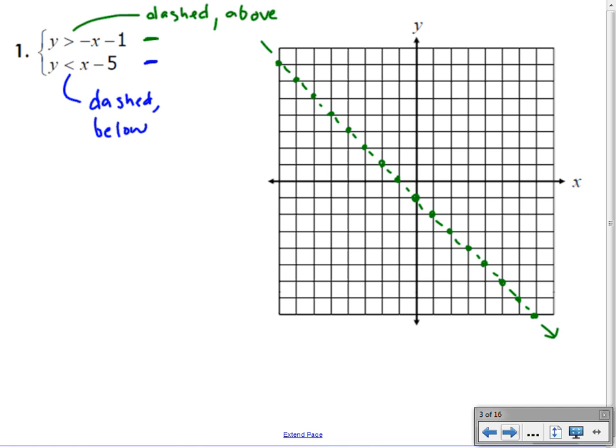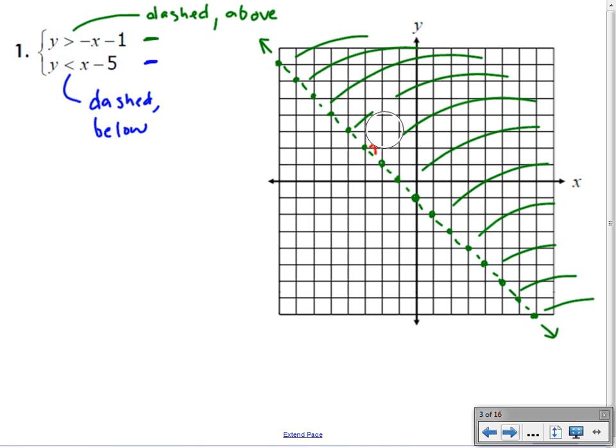So here's our dashed line, and we need to shade above it. So shading above is going to be up here. Remember in the last video I said think about it as if you were standing on a hill. Above would be the part where you stand, and below would be underneath your feet. So in this case, above would be here. So that's why we're shading where we're shading.